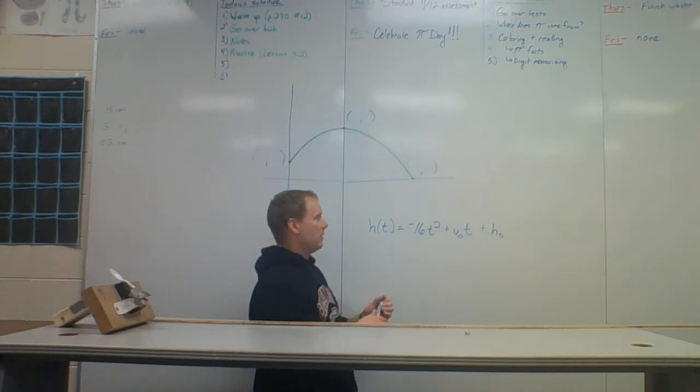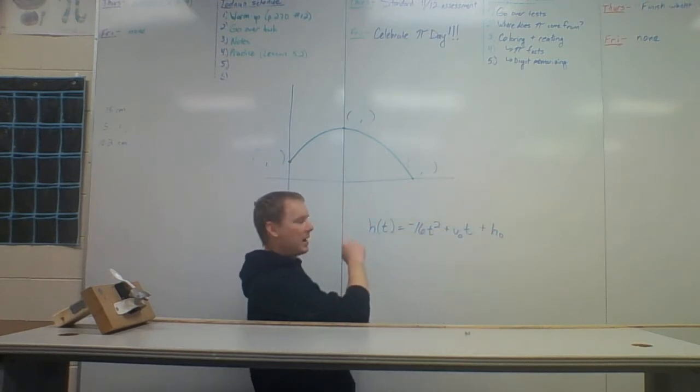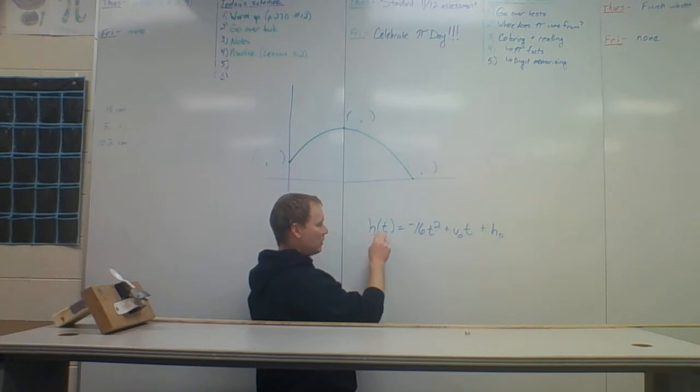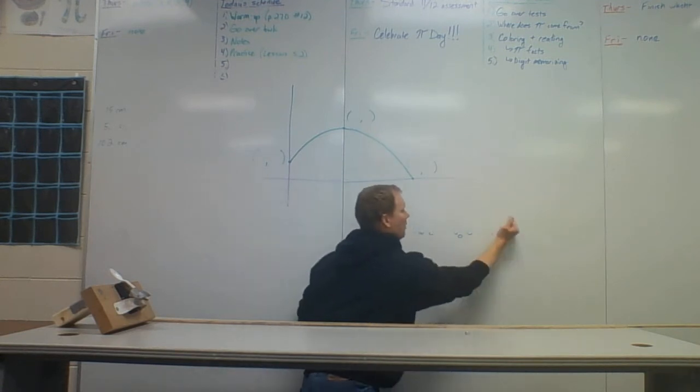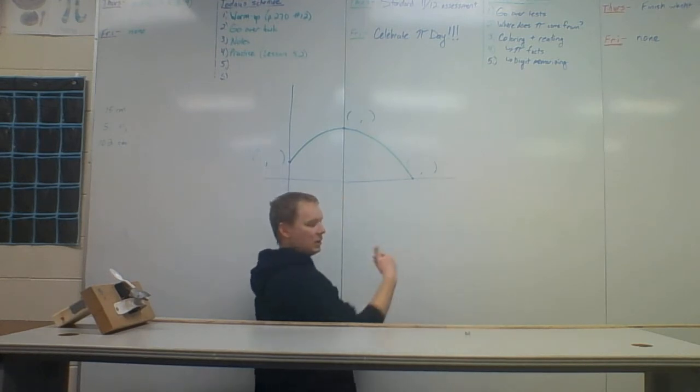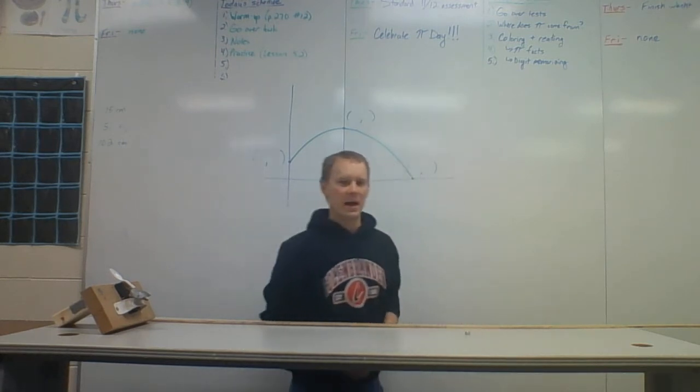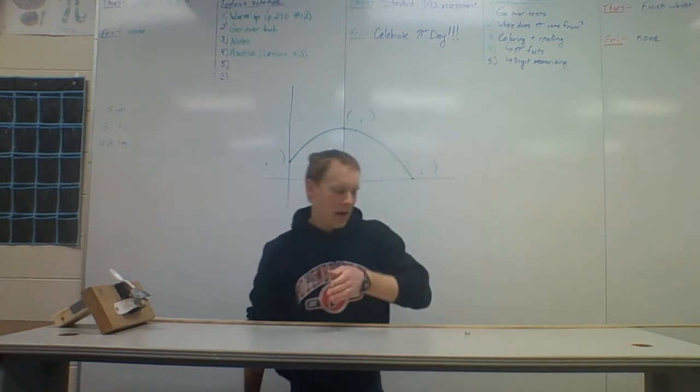Today, though, with this activity, we're not going to use time as our input. It's still a quadratic function we're going to look at, just not with the time variable.